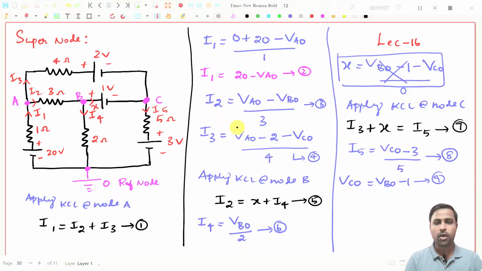Fine. Now we just try to substitute the I1, I2, I3, I4, I5 in expressions number 1, 5 and 7.